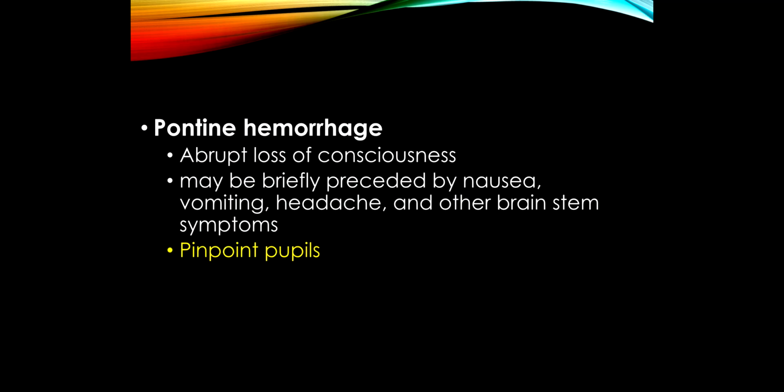So here is the board question for Pontine hemorrhage. Remember, the first limb of the sympathetic supply to dilate the pupils goes from the hypothalamus down to about C8 or T1 of the spinal cord. And so these patients have a bilateral Horner syndrome.